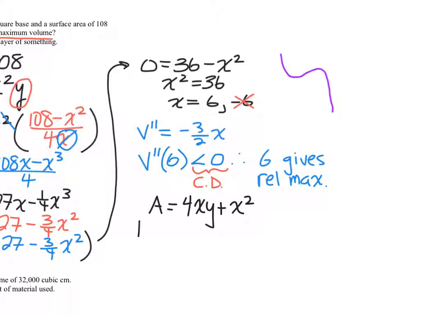We know that the area has to be 108, and we just figured out what x is. So 108 minus 36 is what, 72? Equals 24y.